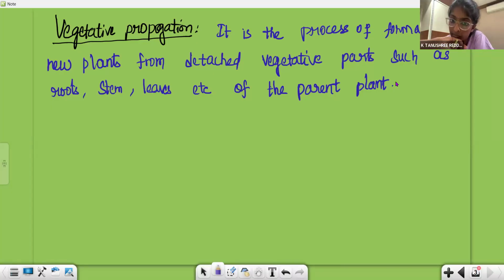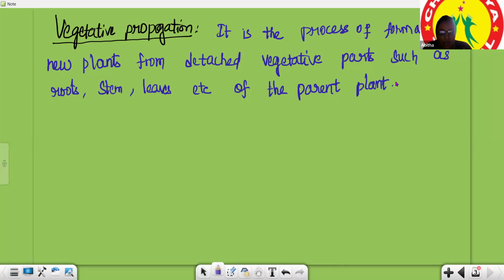And one more important thing. Suppose you're using a root of a plant or a stem of a plant in growing a new plant. Is the new plant similar to the parent or not? Or are any new variations generated?